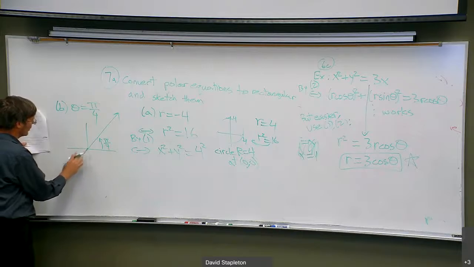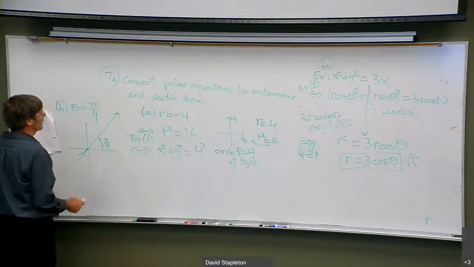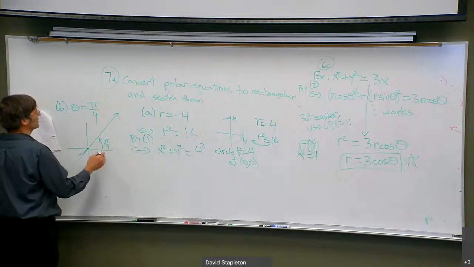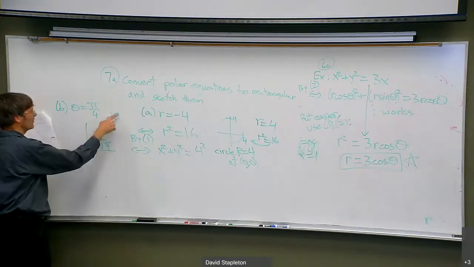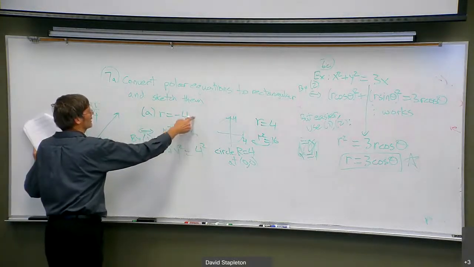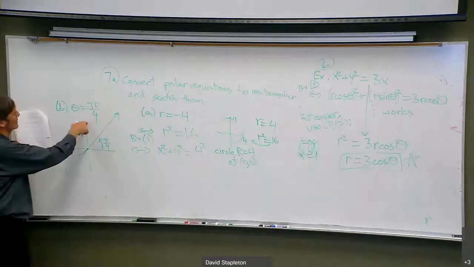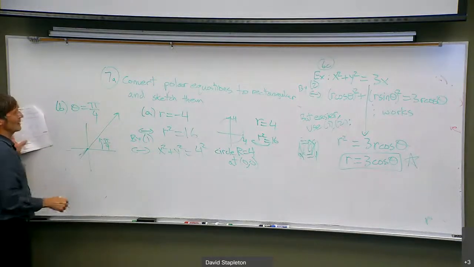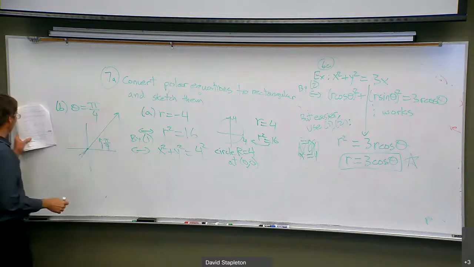And so what I get is the whole line at an angle pi over 4 in the xy plane. This is the sketch. You just turn the angle pi over 4, and theta equals a number is always a line through the origin. r equals a number is always a circle whose radius is that absolute value at the origin. Easy. So r equals constant, theta equals constant. Memorize those, because that's what you use polar coordinates for, things like circles and lines through the origin.